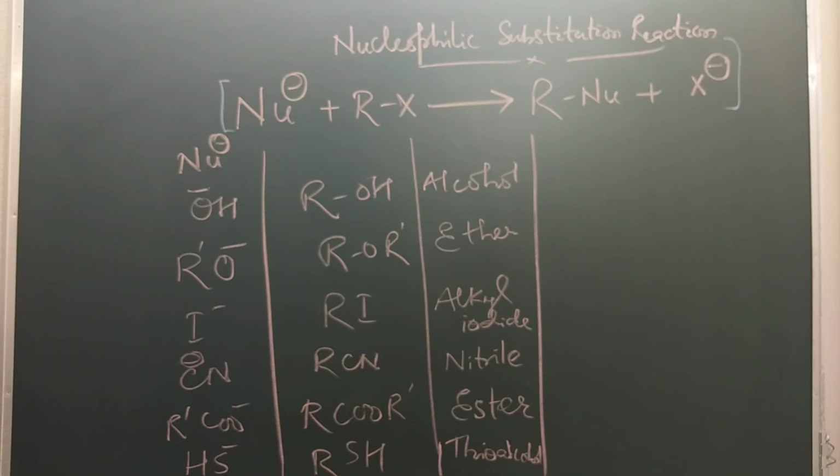Esters have a fruity smell. If HS minus is the nucleophile, then thioalcohol RSH is formed. These are the different nucleophiles you have seen. We will be discussing the SN1 and SN2 reactions in my upcoming video. That will be a different topic altogether.